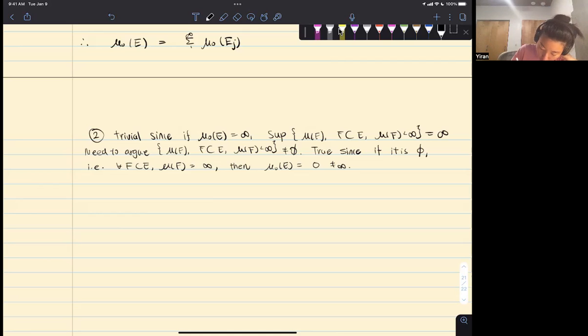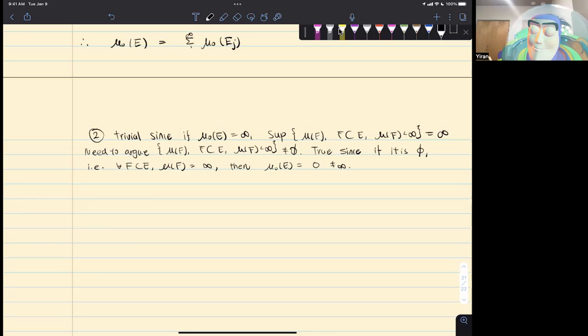So suppose not, i.e. prove there exists F from this set such that the measure is larger than 0. So suppose not, i.e. suppose all F in this related set. Notice that this is a set of mu of F.